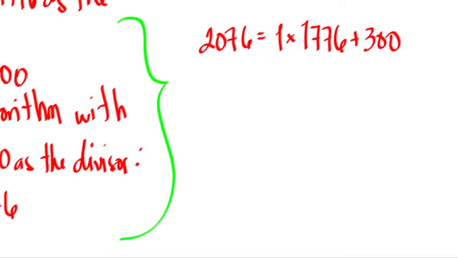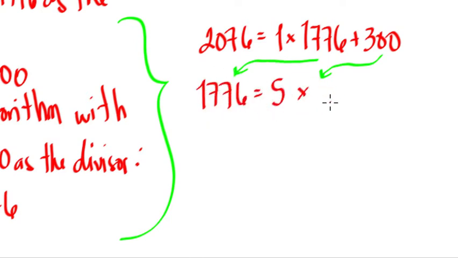Next we put this as the dividend and this as the divisor. So 1776 equals 5 times 300 plus 276.